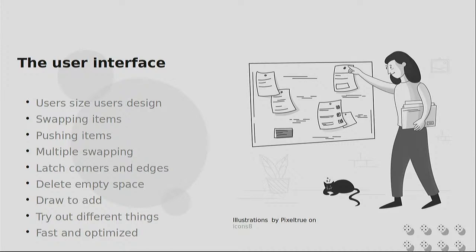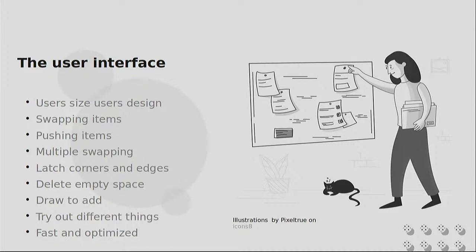Coming to the user interface, as I said, the user can define his or her layout, their design, their size. There are no constraints apart from what I mentioned earlier. They can swap items. They can even push items when they try to resize or move. They can swap multiple items when they want to move. We have latching in corners and edges.